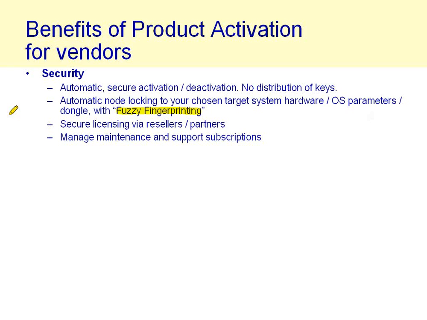Now, with fuzzy fingerprinting, what you can do is specify that you want to lock to those 3 parameters, but that a license check can pass if at runtime, say 2 out of the 3 parameters that you recorded the names of at activation time, if those match the values you read at runtime. So you can provide a little resiliency against minor system changes while still keeping it perfectly secure.